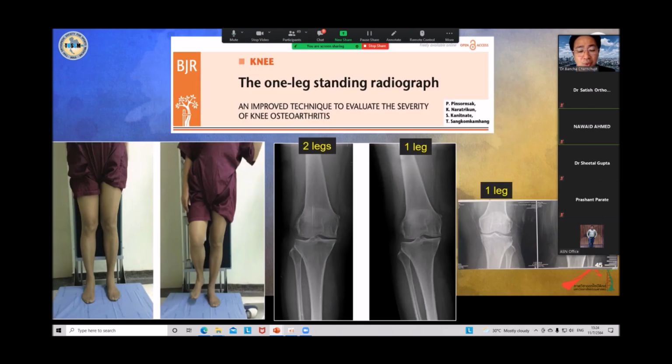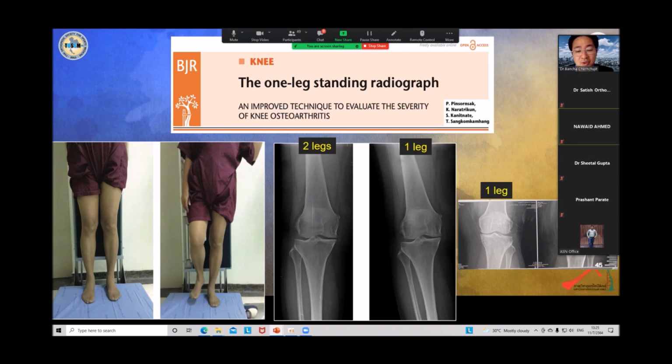For HTO, I think sometimes you need it. I prefer the one leg standing view for patients with a meniscus root tear, because sometimes the two leg standing view does not represent the true axis of the patient. If the patient has pain, they will not put weight on the side that has pain.